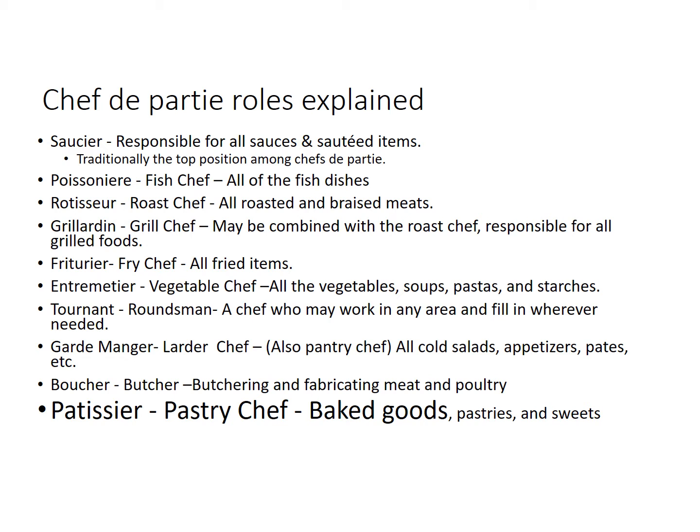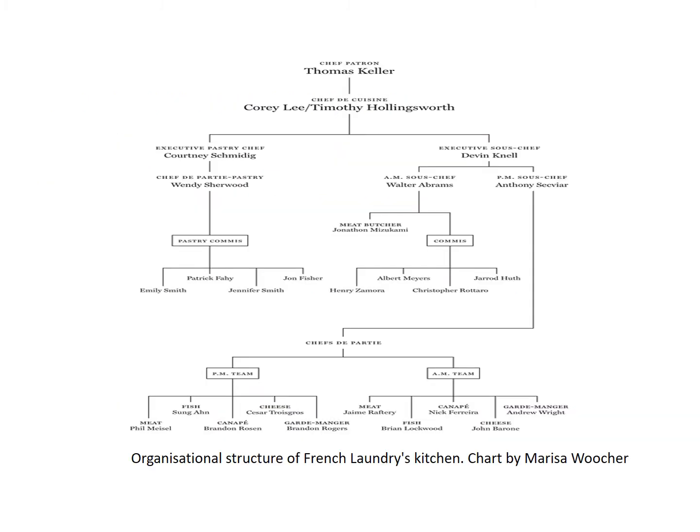So you've got a lot of different roles depending upon the size of the food and beverage section and the kitchen area. So here we can see now an organizational structure in terms of the chef patron Thomas Keller and all the people who work underneath him.